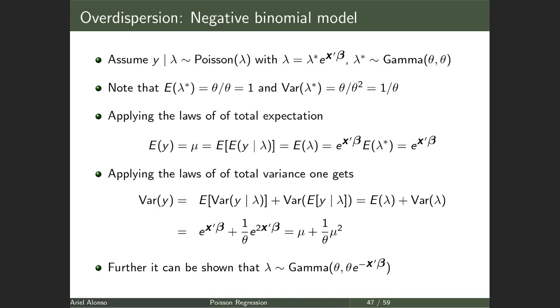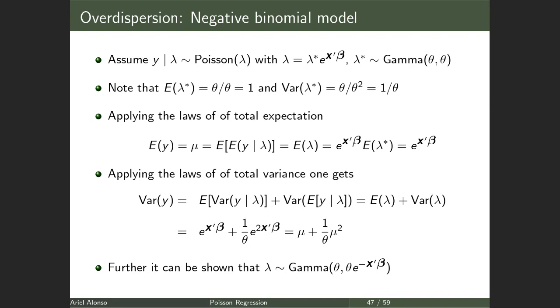Now, notice that if this lambda aster comes from a gamma distribution with parameters theta and theta, then lambda aster has mean 1 and variance 1 over theta. These are just properties of the gamma distribution. Go on Wikipedia and look for the gamma distribution, and you will see. Now, if you have a random variable that follows a Poisson with mean lambda, but lambda is not modeled just as the exponent of the linear predictor, and you also have this multiplicative gamma random variable, what would be the marginal average of y?